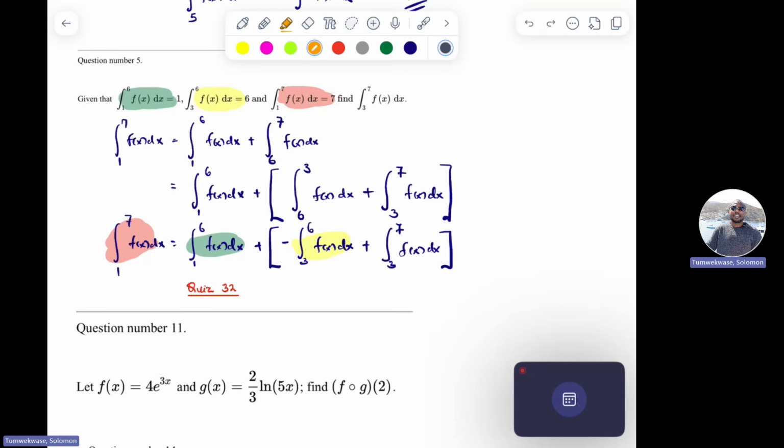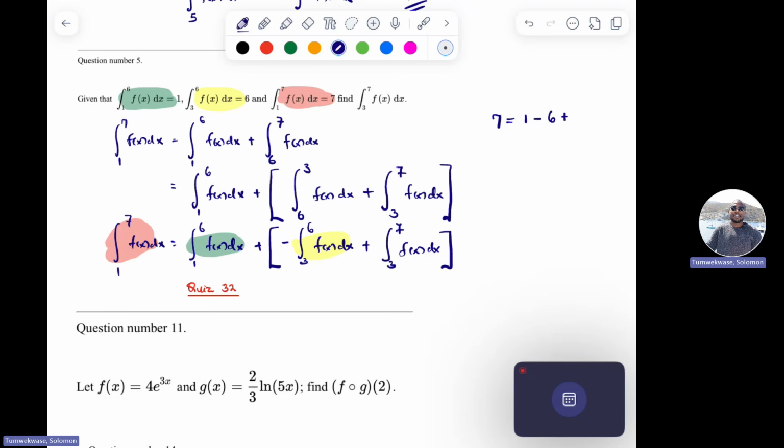So when I substitute everything, the integral from 1 to 7 is 1. And this is equal to the integral from 1 to 6. Integral from 1 to 7 is 7. Integral from 1 to 6 is 1. Then minus the integral from 6 to 3, which is 6.